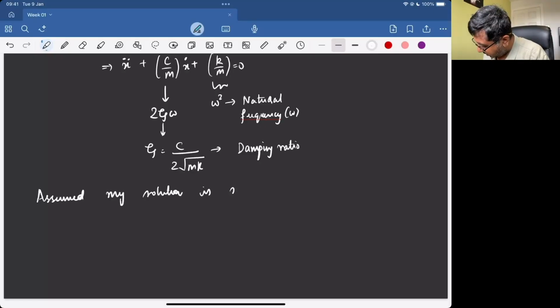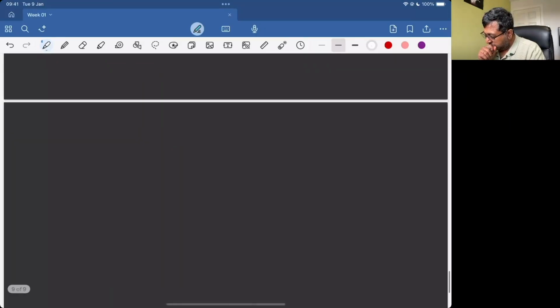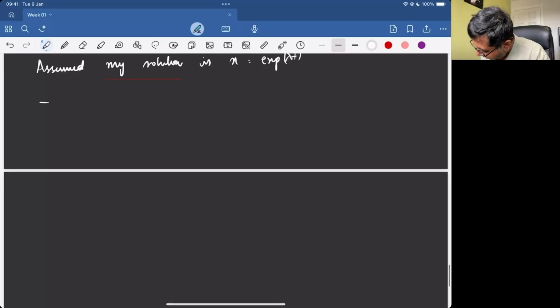Now I have assumed that my solution is x equal to exponent of lambda t. If I were to substitute this into my equation of motion, I get what we call a characteristic equation.